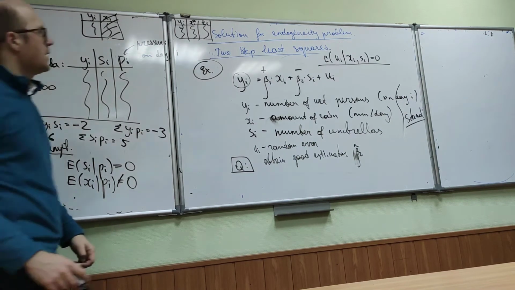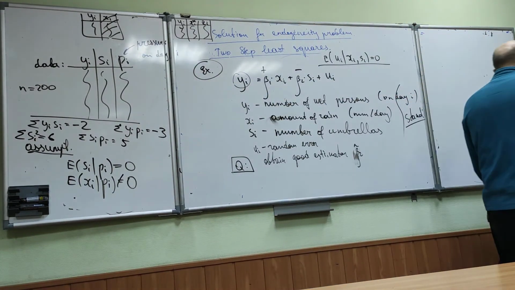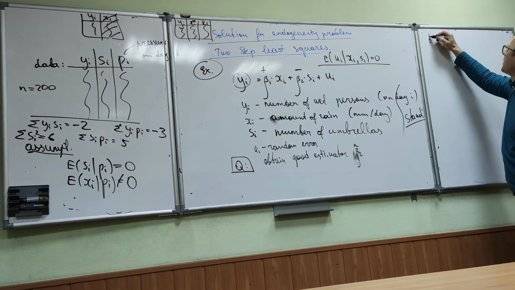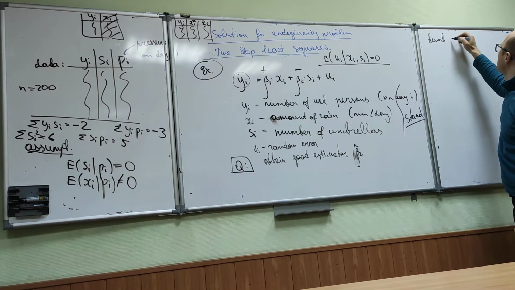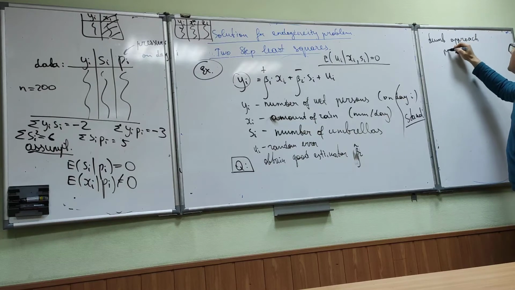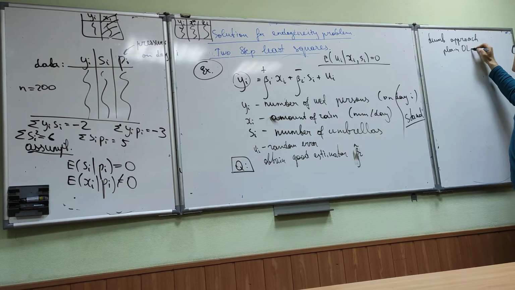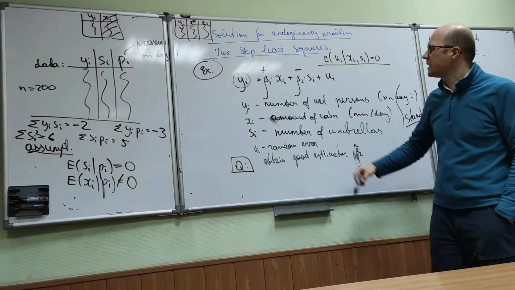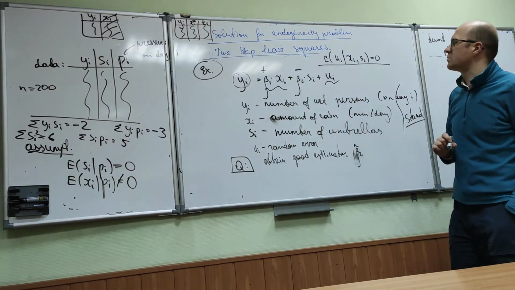Okay, so if I would use a little bit dumb approach, let's say the dumb approach, plain OLS. I do not observe x, so let's call this part the random term.